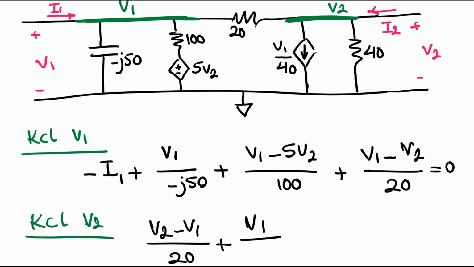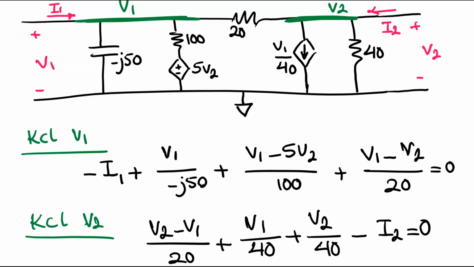So V1 over 40. And then I have V2 over 40, which is the current of the 40 ohm resistor. And finally, I have I2, which is entering the node, and that's going to be minus I2 equal to 0. So these are two general equations that I can work with in order to find my parameter.